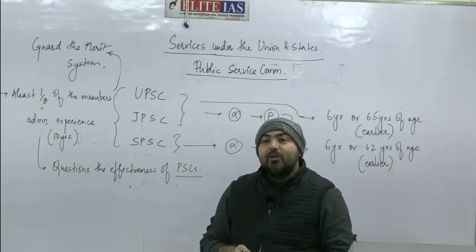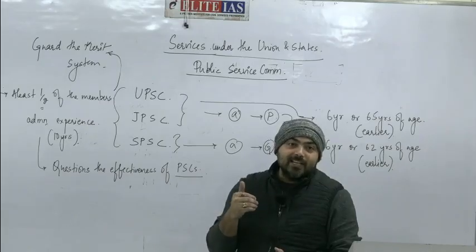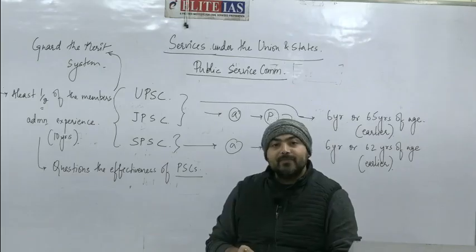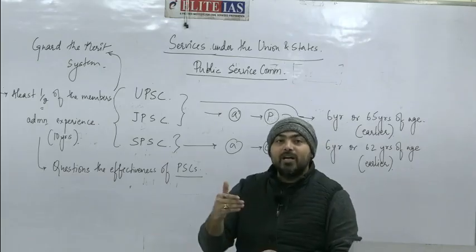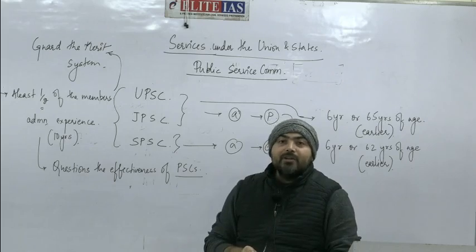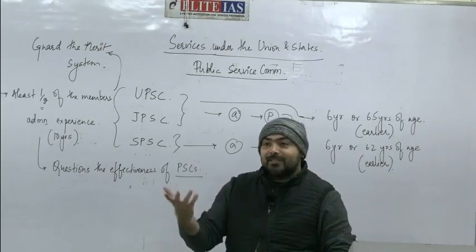Why? Because it was alleged that they had somehow influenced the process, and this led to a judicial inquiry, and it was found that they had actually bribed the chief minister.